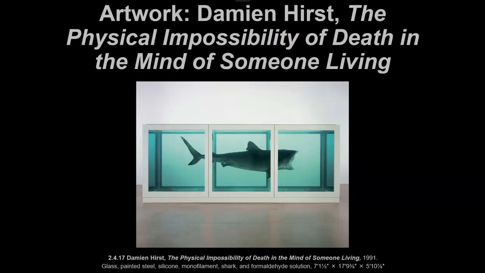Here, Damien Hirst creates this tank, the construction of a tank, then fills it with formaldehyde, and then puts a dead shark in there and suspends it in formaldehyde.